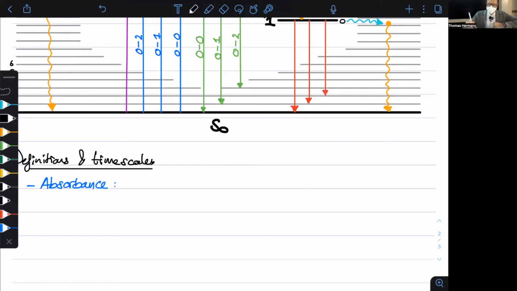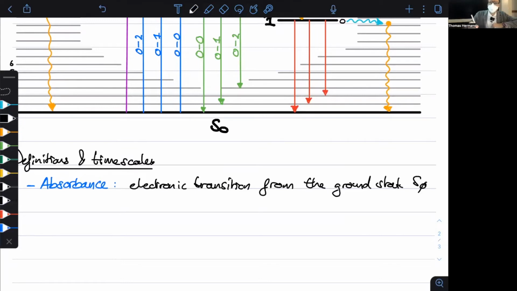There are many definitions, but we're going to make the definition a little bit wider to include more things. So it's an electronic transition from the ground state S0 or some vibrational level, right?